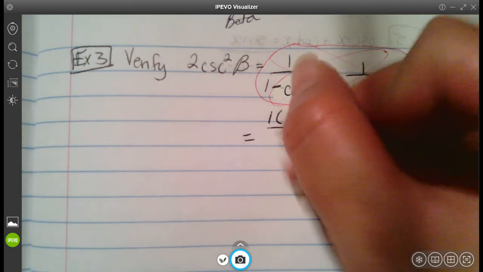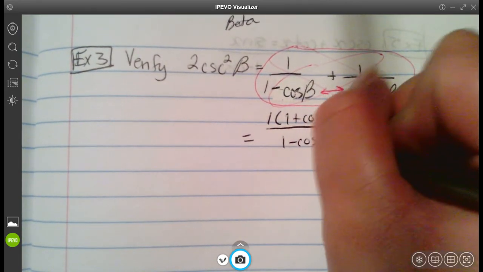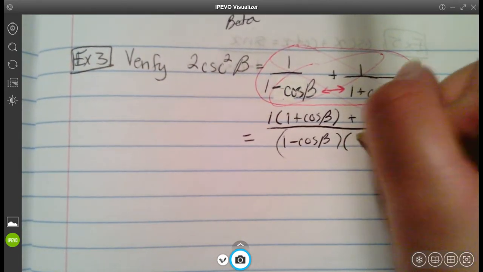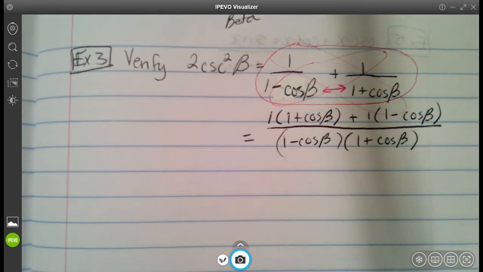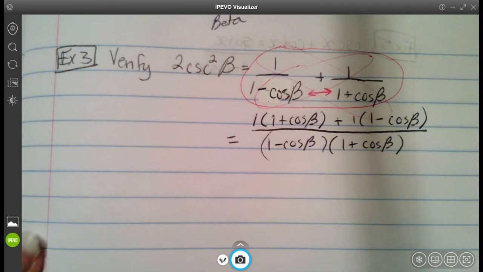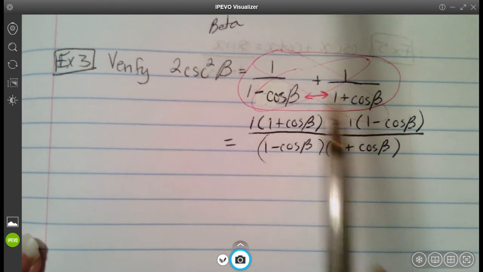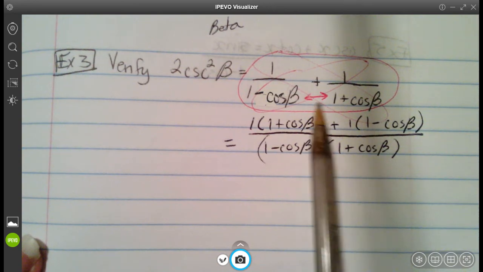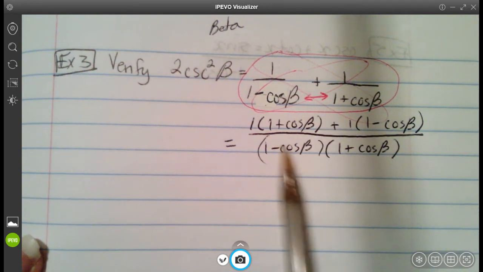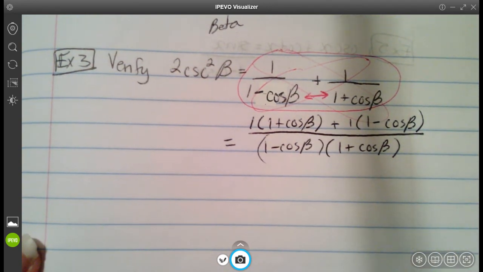Okay, so that's going to be 1 minus cosine beta times 1 plus cosine beta. And I haven't actually multiplied anything just yet. I'm going to do that in the next step. I'm just kind of showing you the setup. These two multiplied, they're up here. The bottom two multiplied, they're down here. This is a common denominator, okay?